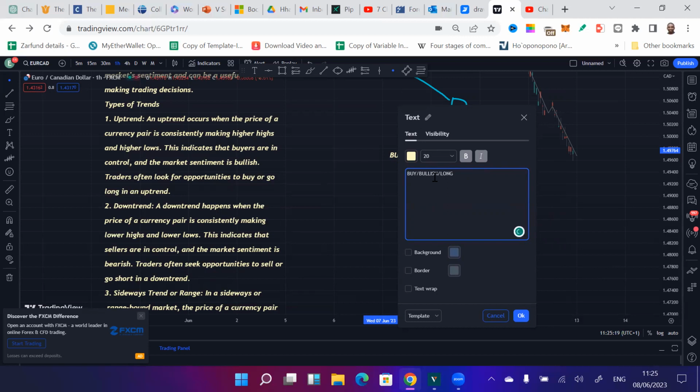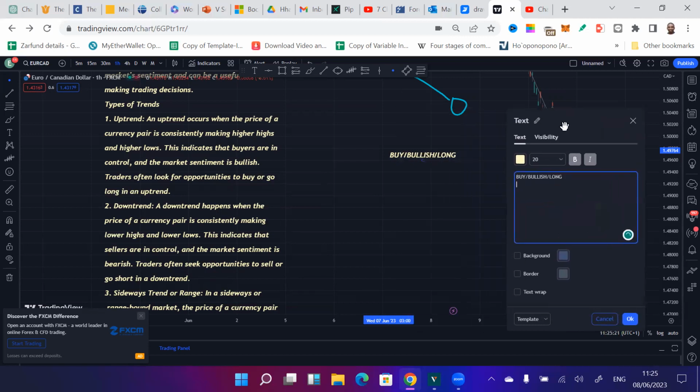So that refers to buying. These are terms that are used for buying, to buy. So it's either you are buying or you heard the word bullish. Bullish still means buy. Long means buy.